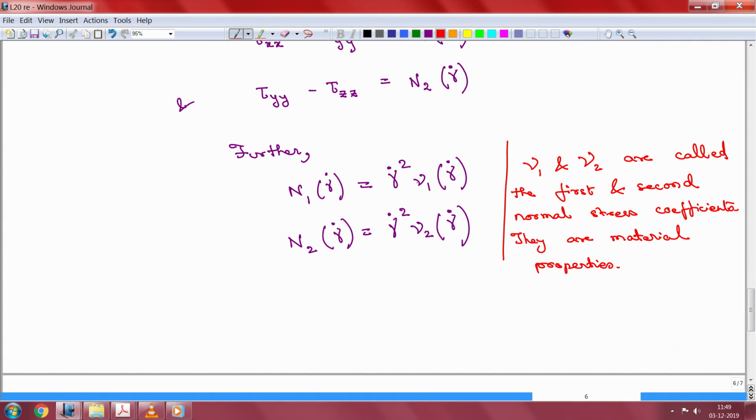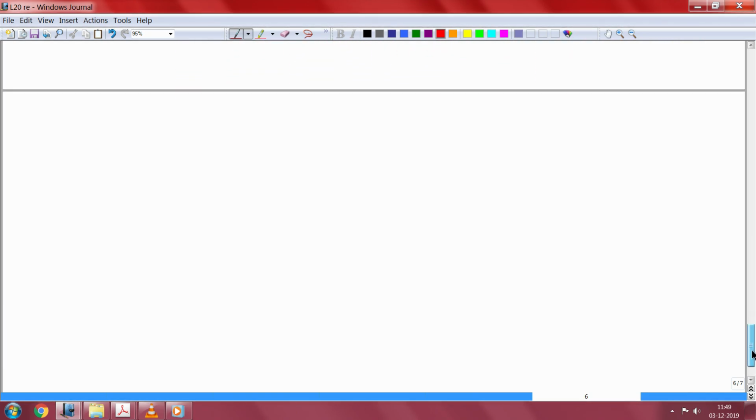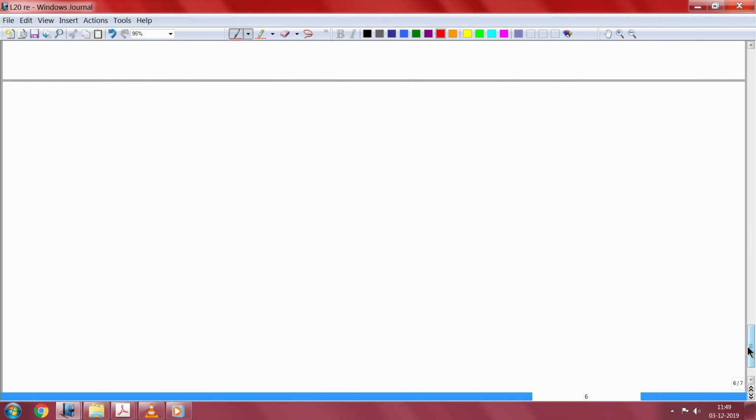So, the purpose here was to introduce these two important material functions. And secondary, these normal stress differences do lead to very interesting effects in these fluids, and in today's class we are going to discuss a little bit of that.